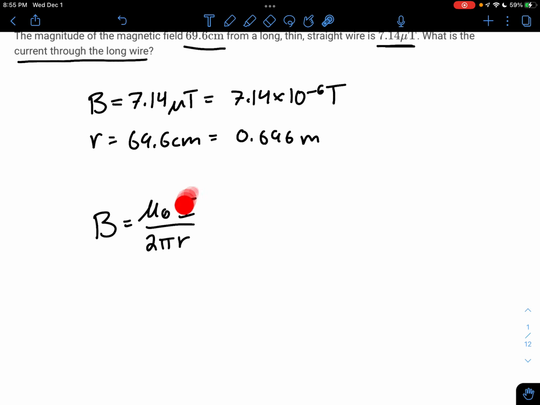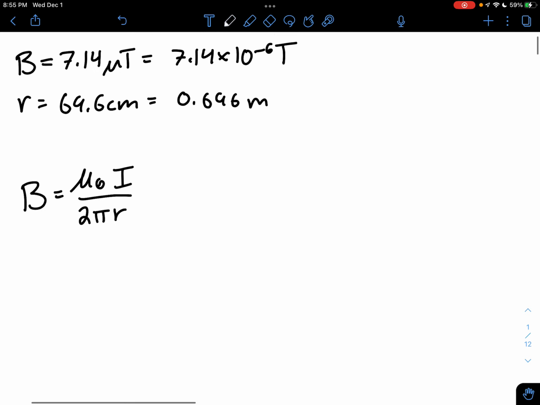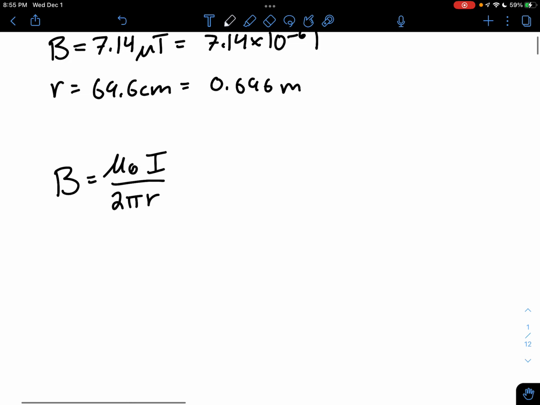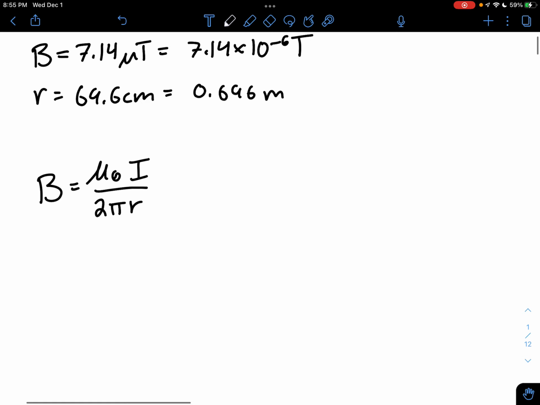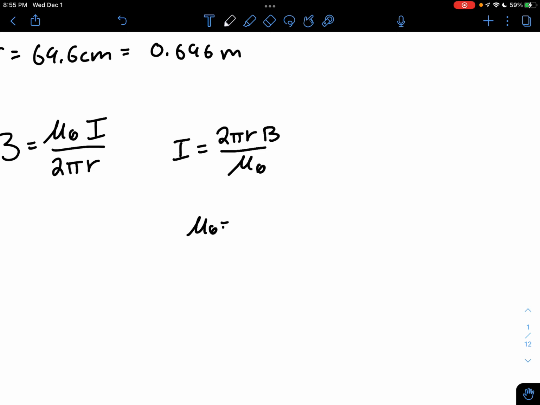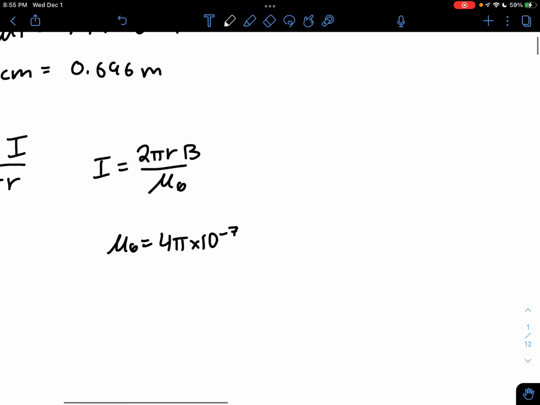So we have one equation, one unknown, and we're going to solve this equation for the current I. If we multiply both sides by 2 pi r and divide by mu naught, it's going to be I equals 2 pi r B over mu naught. Our mu naught is just 4 pi times 10 to the negative 7th.